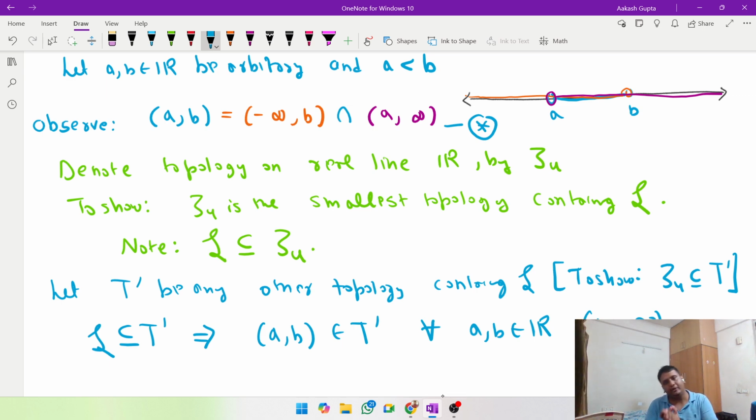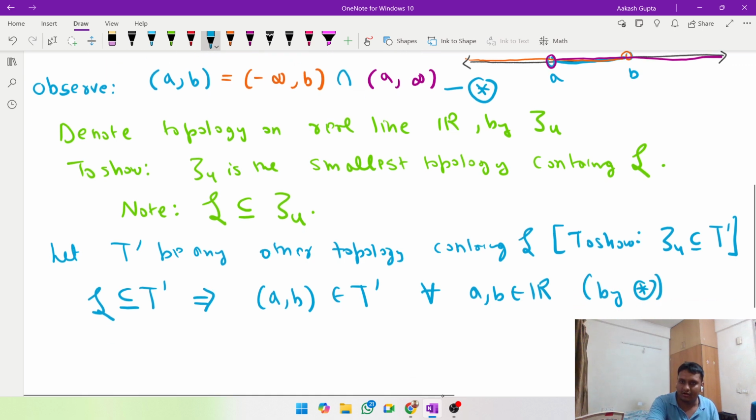So (minus infinity, b) and (a, infinity) are also members of tau prime, and their intersection would be there because tau prime is a topology. So in particular, the open interval (a, b) is in tau prime for every a, b in R, right?